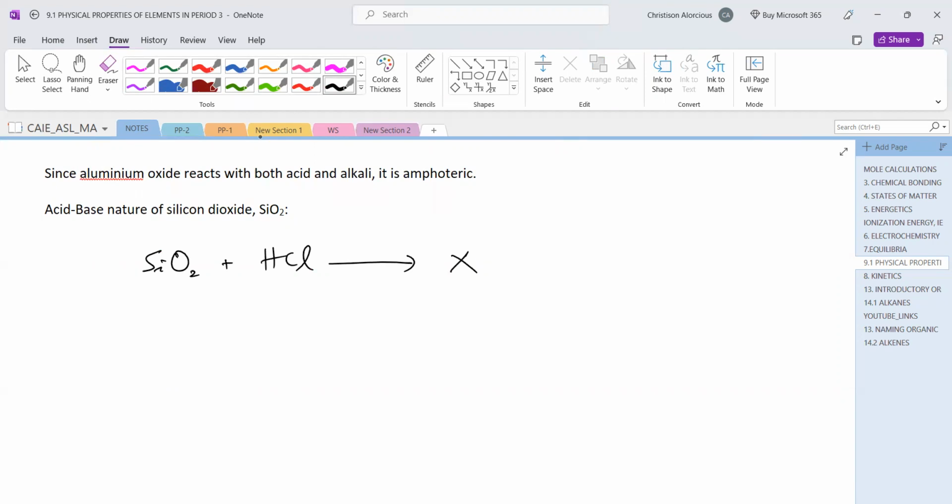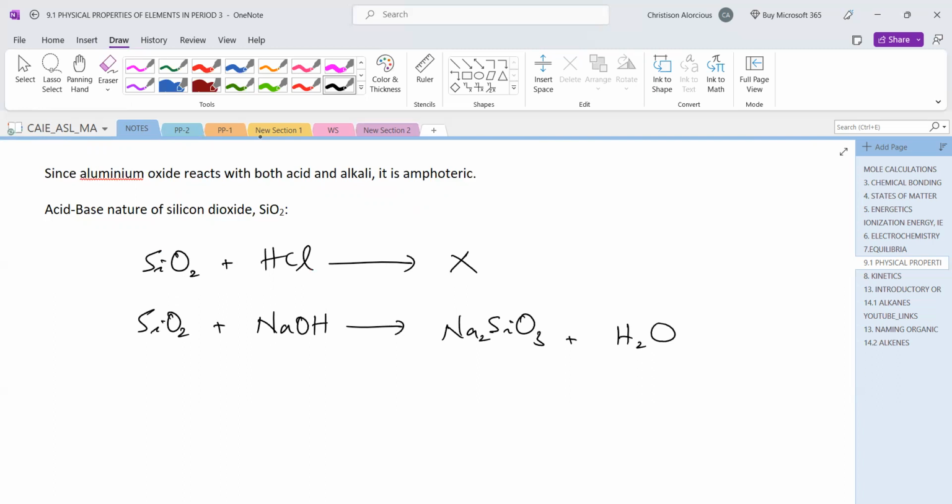But on the other hand, if I take silicon dioxide and react it with an alkali like sodium hydroxide, you get the salt sodium silicate and water.